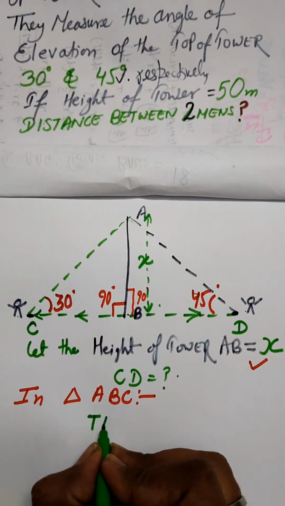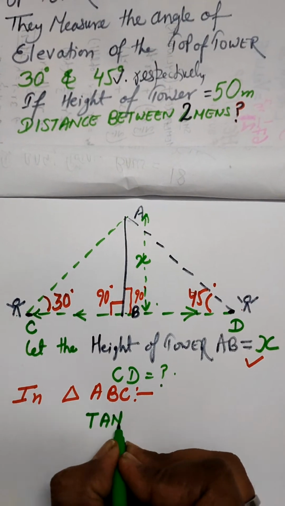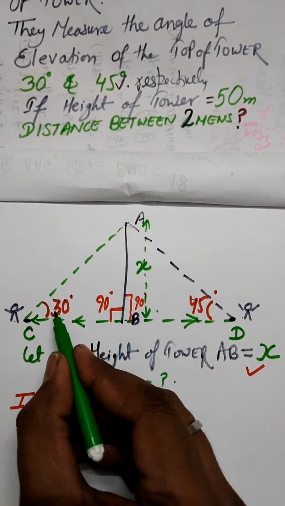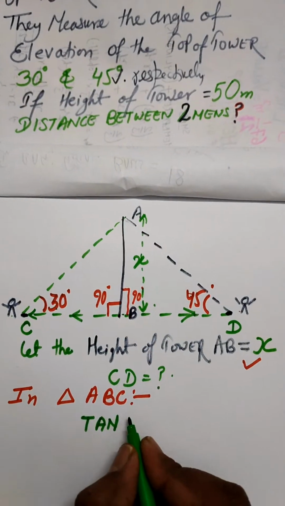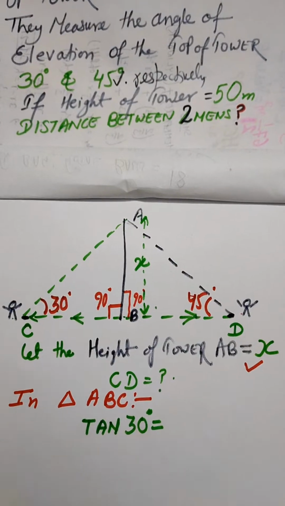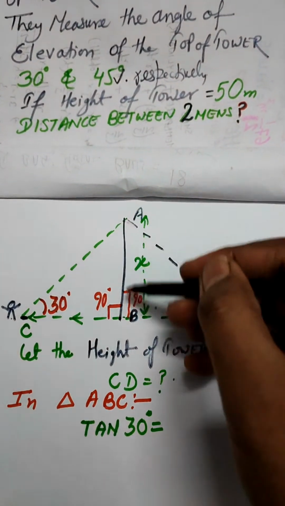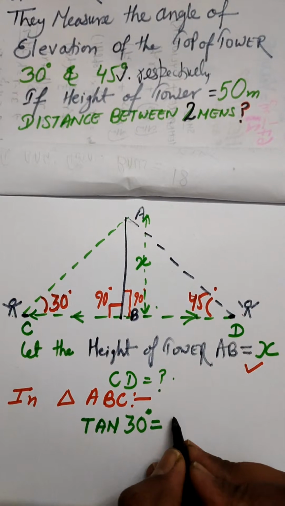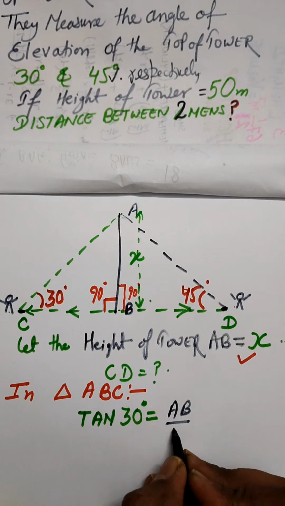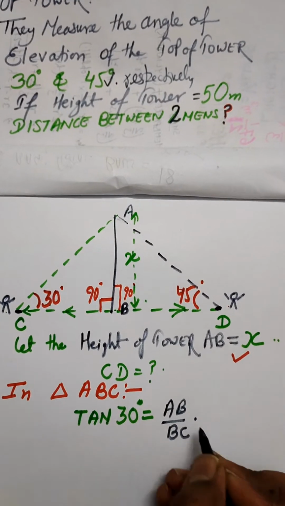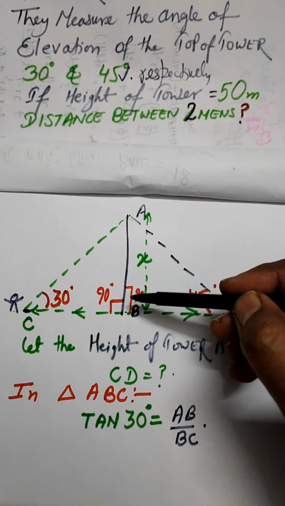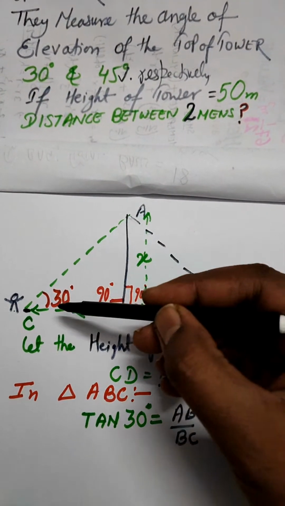So we will use tan of this angle, 30 degree. So tan of 30 degree will be equal to AB by BC. Just mention the names first, AB and BC. So tan 30 degree is AB by BC, that means the height of the tower X by BC.